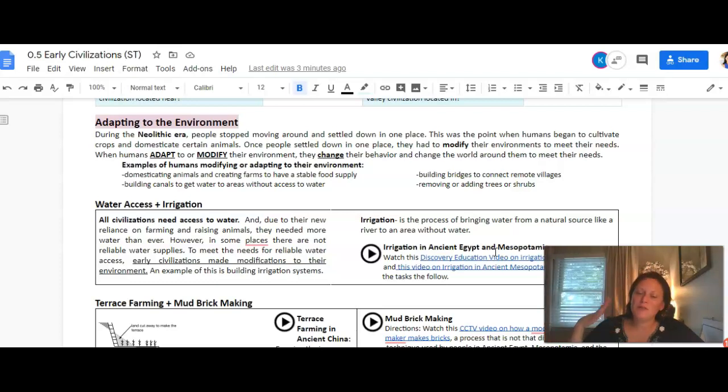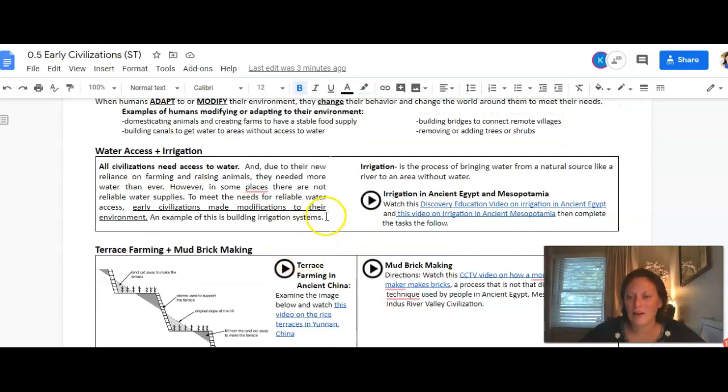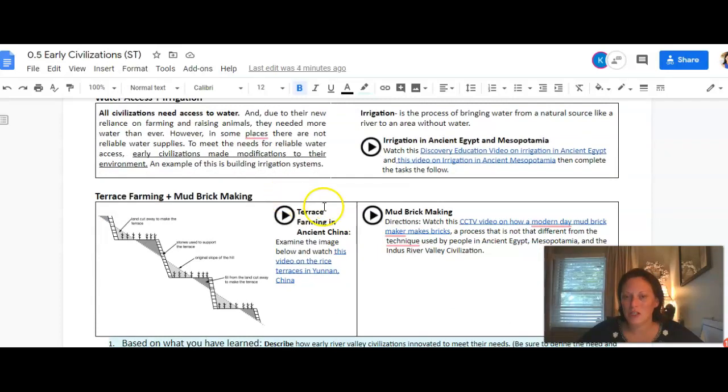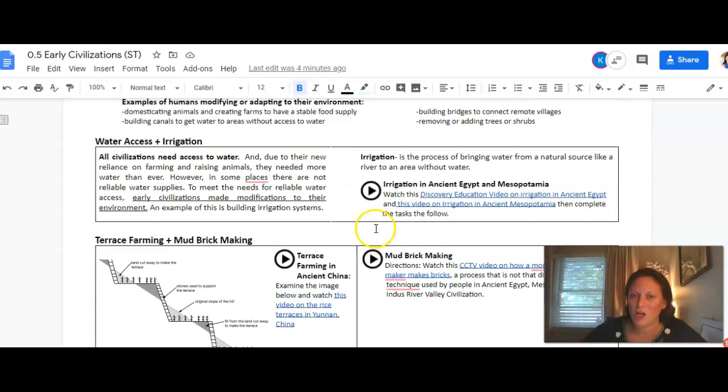So once they were able to stop and lay roots down somewhere, literally, they are growing crops, they are domesticating certain animals, and then they had to modify or change things depending on the environment that they decided to settle down in. So here are 3 different ways that newer civilizations have had to adapt to their environment.